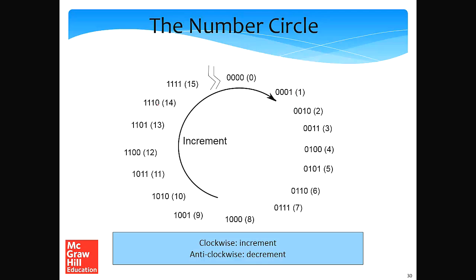One thing that you see is that at 15 and 0 I have placed a line like this as a discontinuity. As I travel clockwise, the numbers are getting incremented. If I travel anti-clockwise, which is the other direction, I am decrementing the numbers, or reducing the numbers by 1.